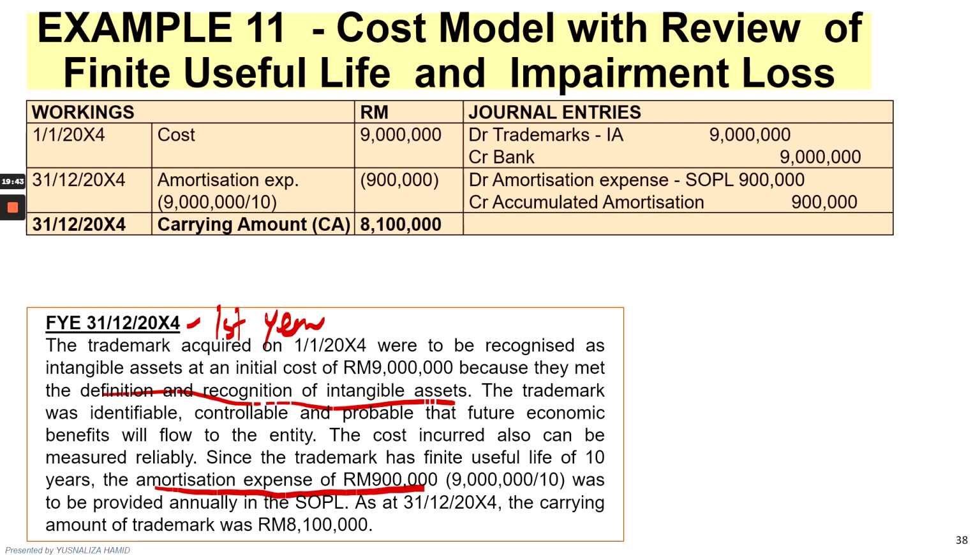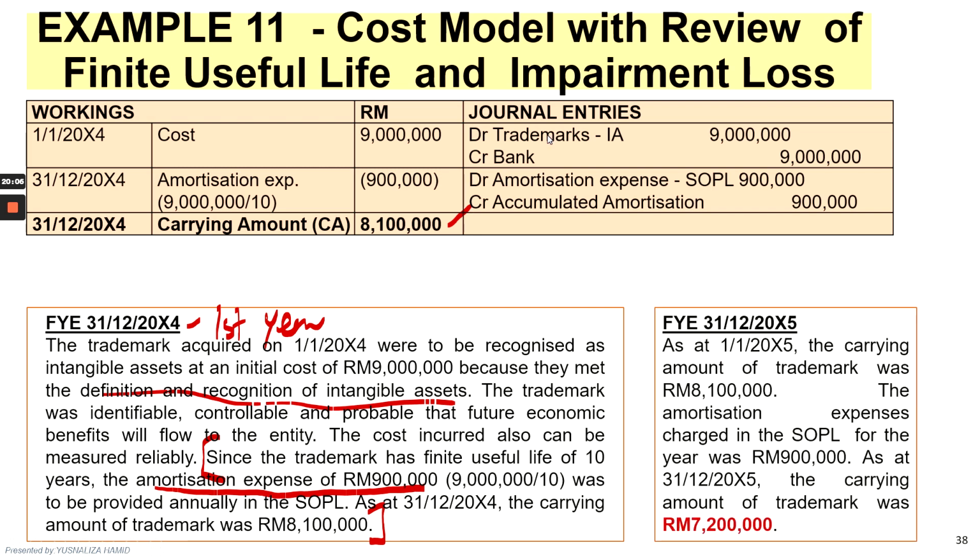The first part is on initial recognition. This is what I'm focusing on, which is the subsequent measurement. So subsequent measurement, amortization 900,000, and the carrying amount of the trademark was 8.1 for the first year, right? You can check it here. Okay, that was for the first year.